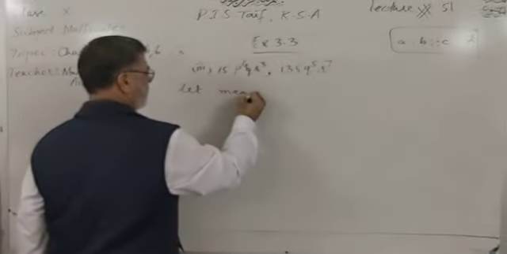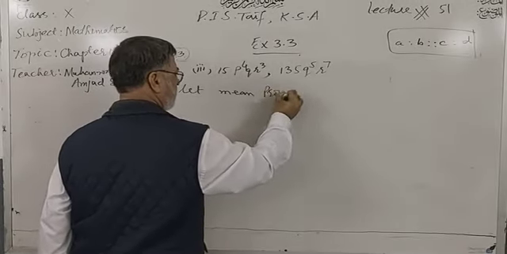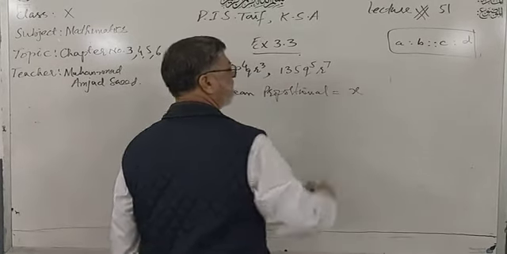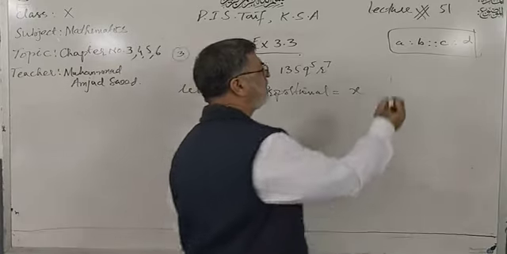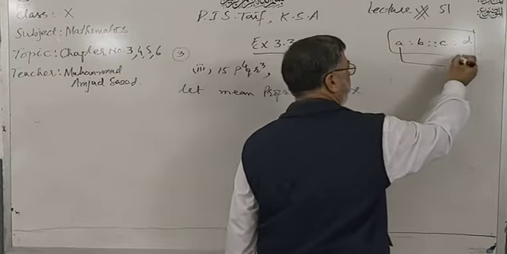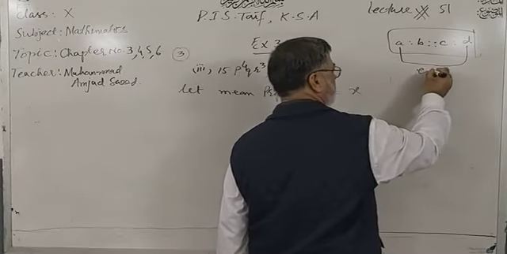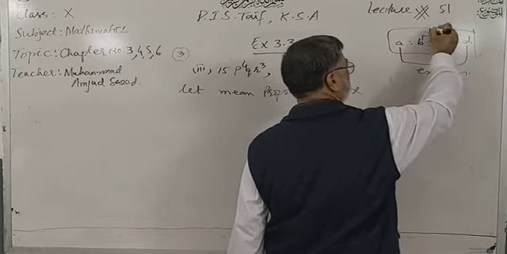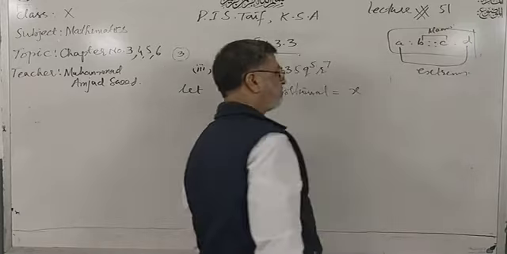Let the mean proportional be equal to x. Remember that A and B are extremes, B and C are means.